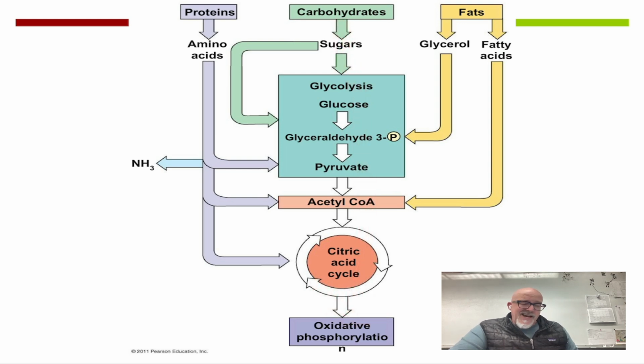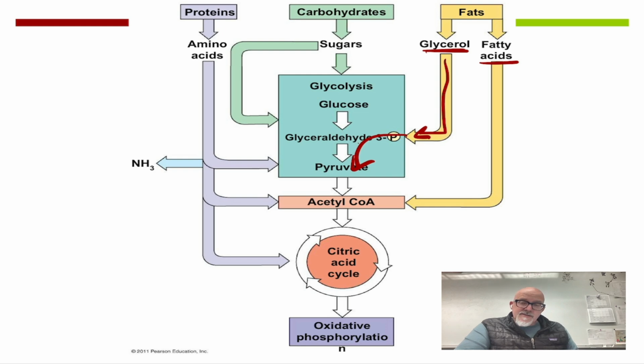But what if your diet is low in carbs, but you're high in fats? Well, fats are kind of crazy because fats break down into two different things, glycerol and fatty acids. Glycerol, there's an intermediate in glycolysis called glyceraldehyde 3-phosphate. Again, not important, but glycerol can be converted into that, and then it can enter the rest of the cycle.